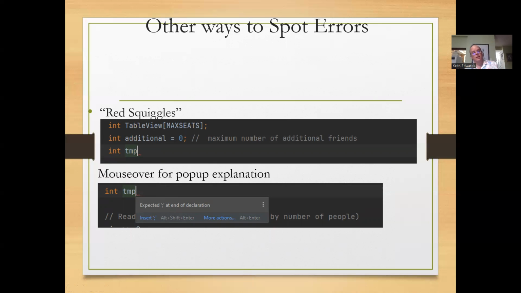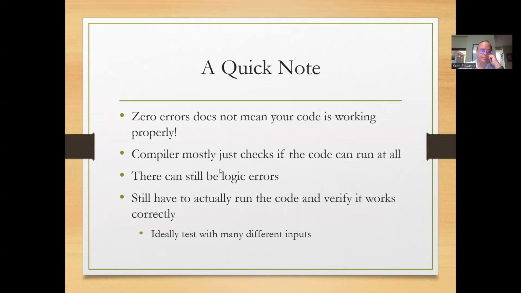And so this says, hey, I expected a semicolon at the end of this declaration, and says, hey, you can insert that semicolon. You can do that with Alt-Shift-Enter, or you probably just type the semicolon. But I think it has ways to speed things up in that CLion integrated development environment, if you have a more complicated error. But for me, I would just type the semicolon.